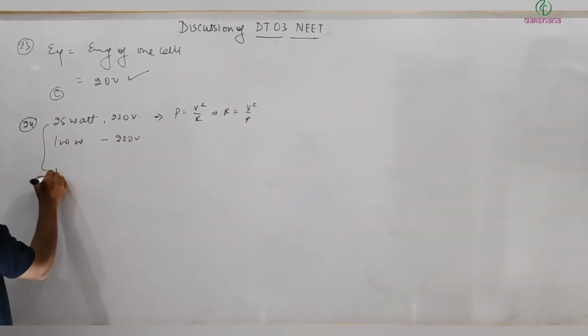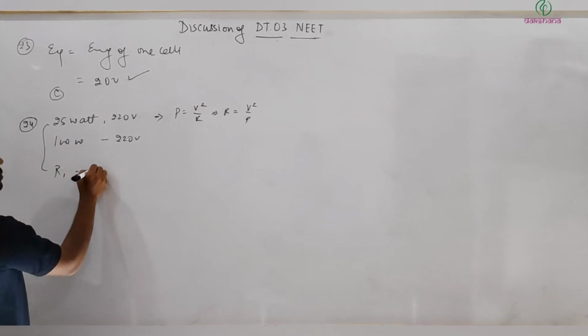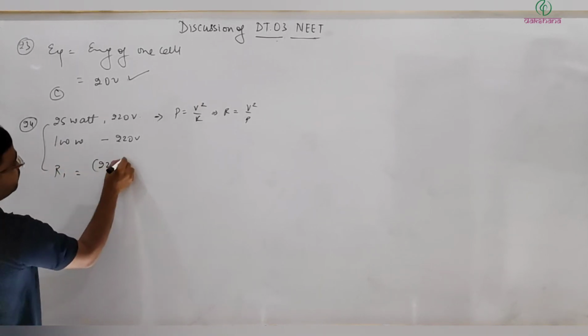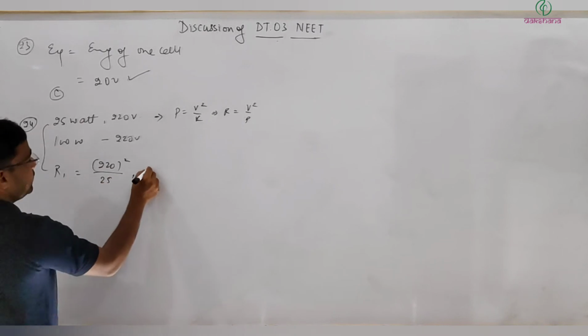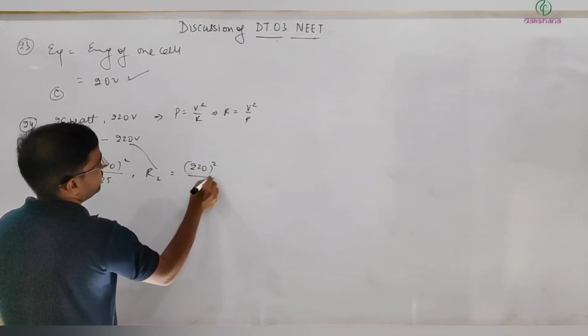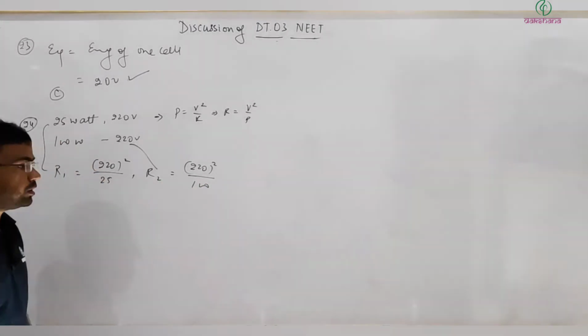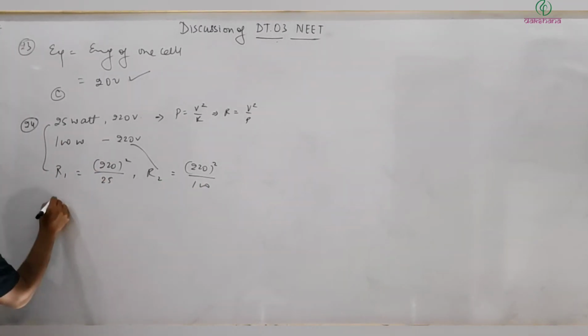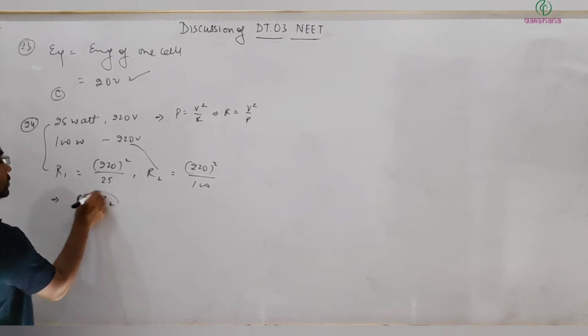So for this I can write R1 is equal to 220 whole square divided by 25, and R2 is 220 whole square divided by 100. R1 R2 we got, and from here we can see R1 is greater than R2.